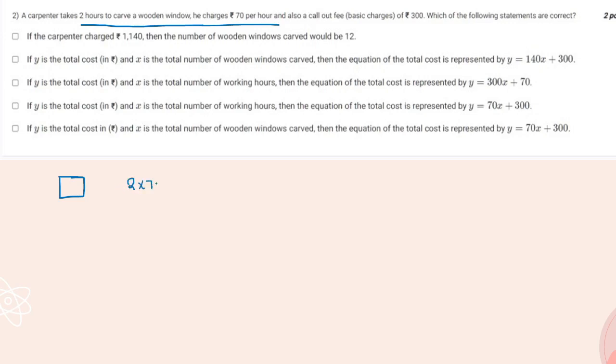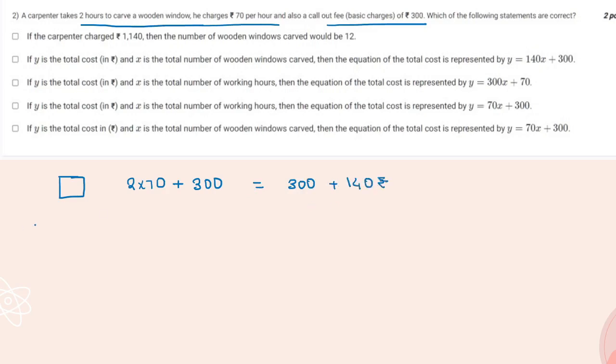So for making one window we have to give 2 times 70, and he also has a fixed charge of 300 rupees. So for one window we have to give the carpenter 300 plus 140 rupees.